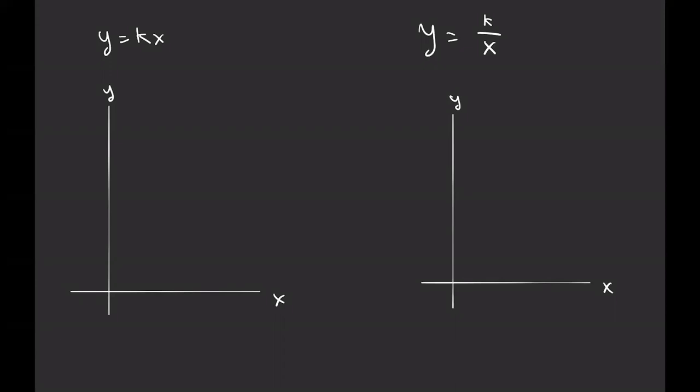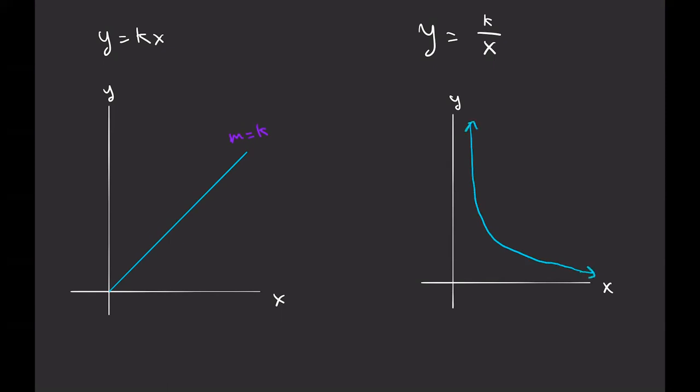If I graph this line y equals kx, that's just going to be a line with a slope of k. So m equals k, well, you'd like to use m for slope. If I graph y equals k over x, it looks like this.